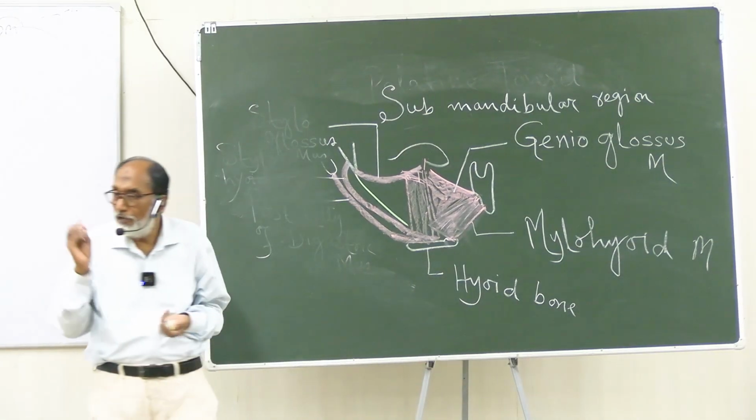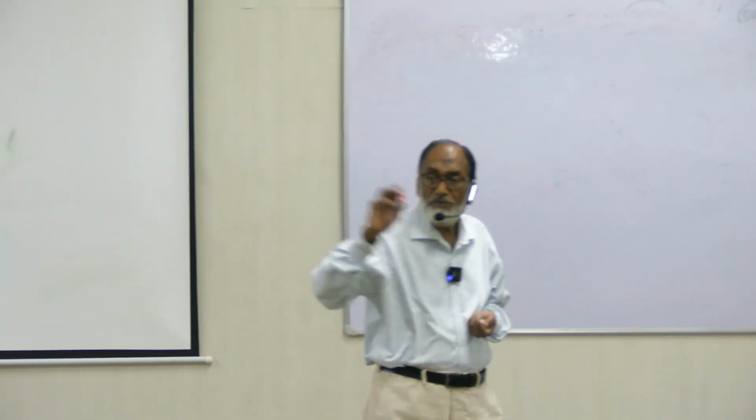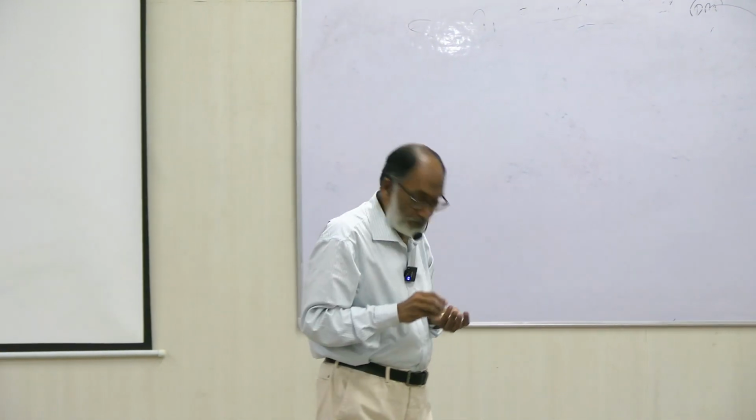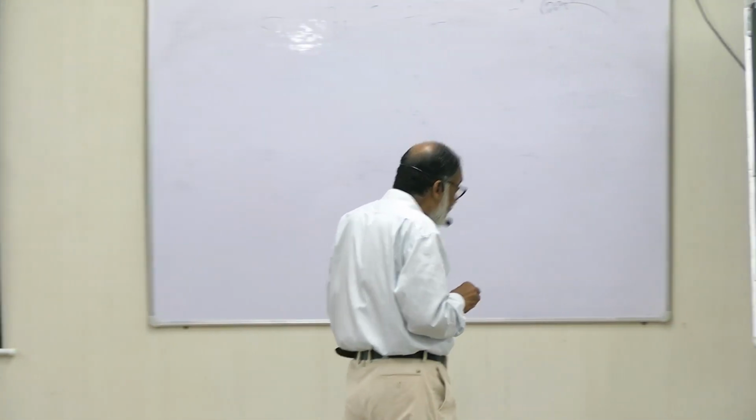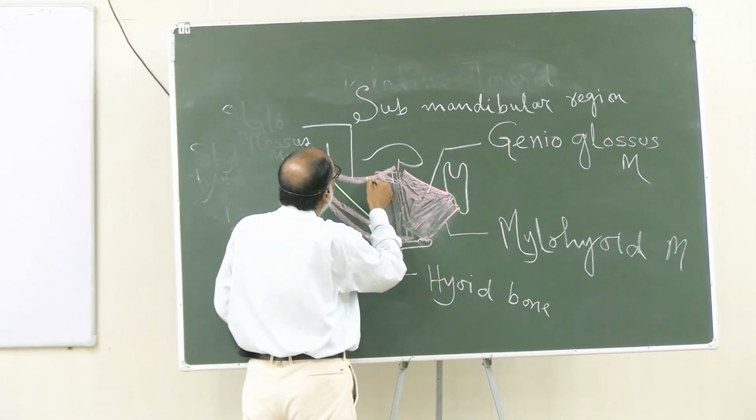Number one, you will get the lingual nerve. The lingual nerve is one of the divisions of the mandibular nerve. It is the most upper structure.